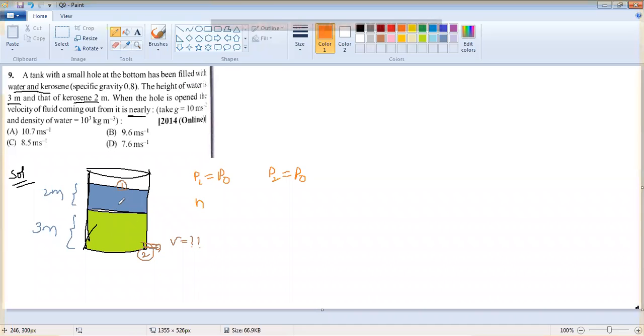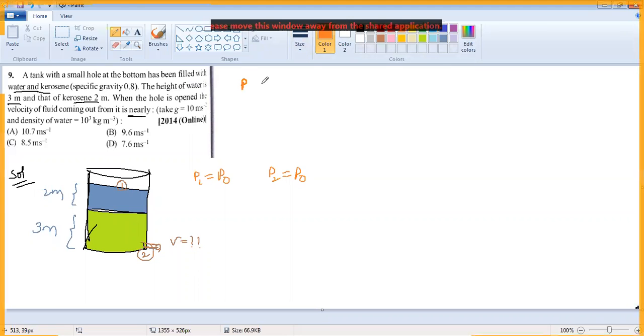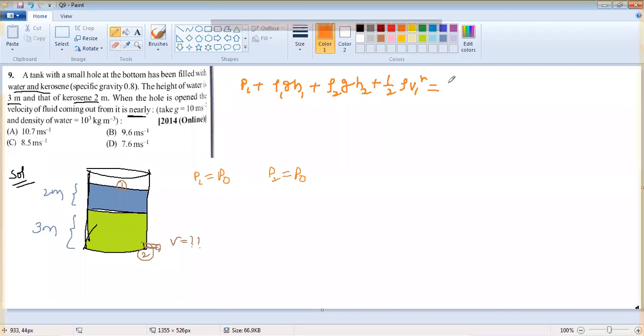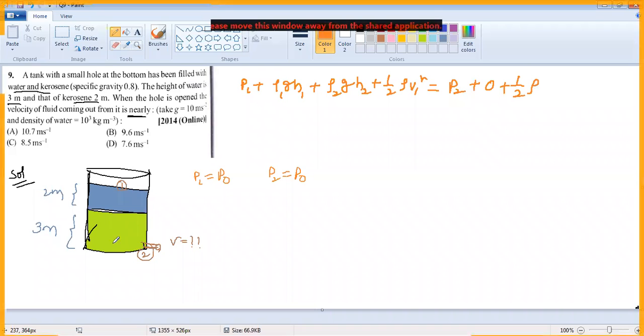Now by using Bernoulli's equation, you should think about the important point here. By Bernoulli's equation, P1 plus rho 1 g h1 plus rho 2 g h2 plus half rho v1 square is equal to P2 plus, with the reference I took here, h is 0, there is 0 potential energy, plus half rho v2 square.